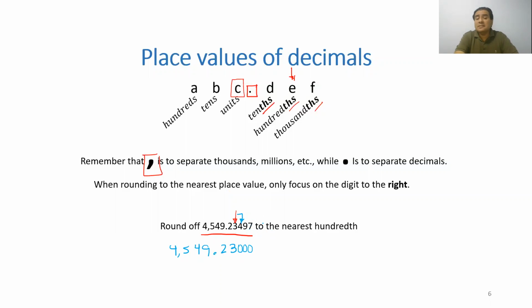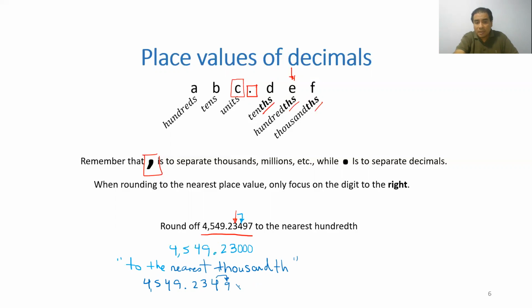Now, what would happen if instead of rounding to the nearest hundredth, we would round, for example, let's mark it with a different color now, to the nearest thousandth. Okay, notice the TH at the end. So now we pick the position. This time it would be 4, and the number we need to check, to the right of 4, would be 9.